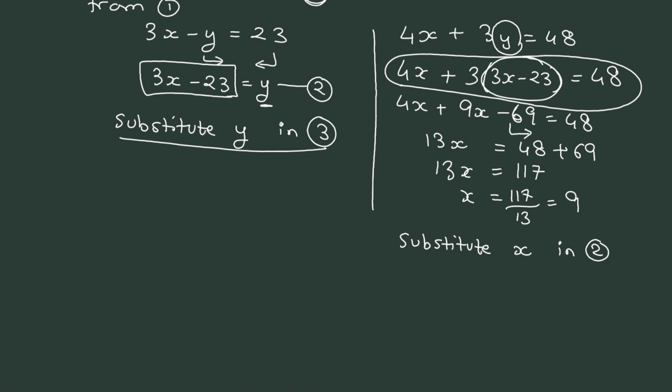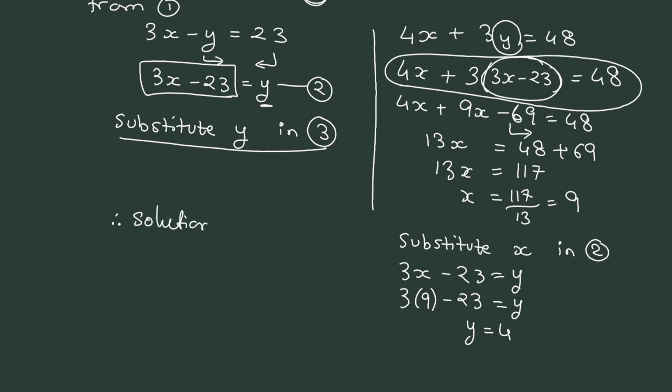So 3x minus 23 equals y. 3 into 9 minus 23 equals y. 3 into 9, 27. 27 minus 23. y equals 4. So your solution is x equals 9, y equals 4.